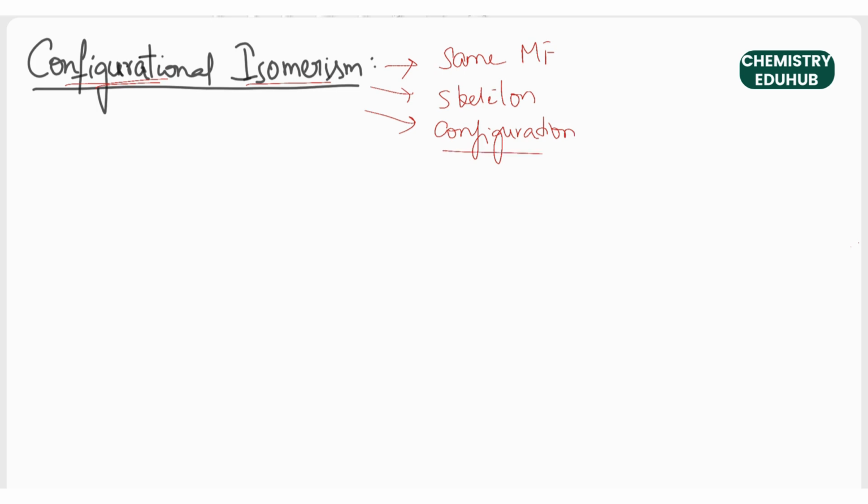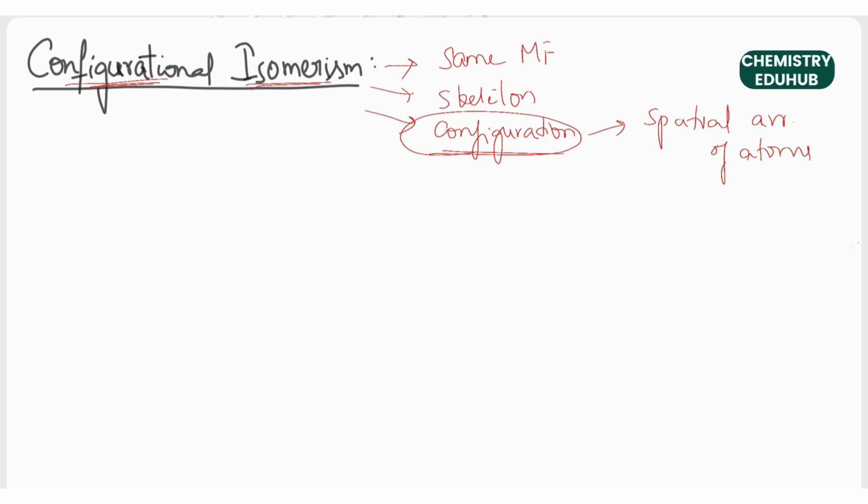It's because the spatial arrangement of atoms or groups is different. This leads to different configurations, and hence they are called configurational isomers.